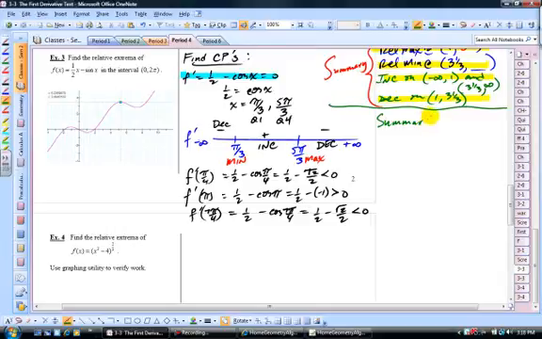And this is the summary of example 3. So what we have is decreasing on 2 intervals: from negative infinity to pi thirds, and from 5 pi thirds to infinity.